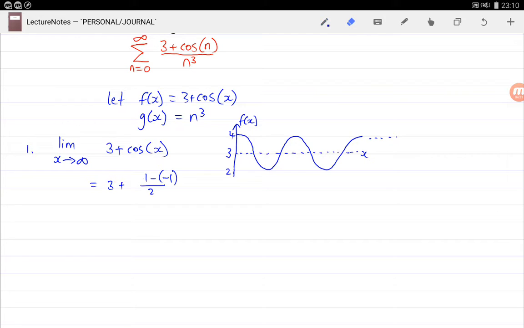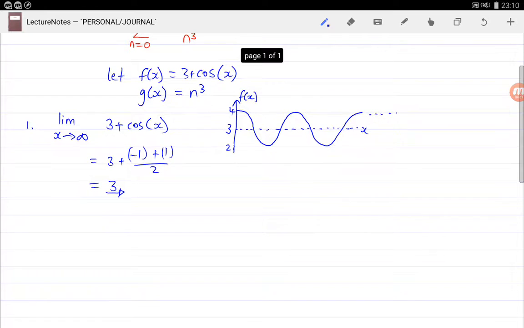Minus 1 plus 1, that's going to be our average, and then this is going to go to 0, and so we're going to get 3. That's going to be our limit as x goes to infinity for f of x. It's going to be 3.